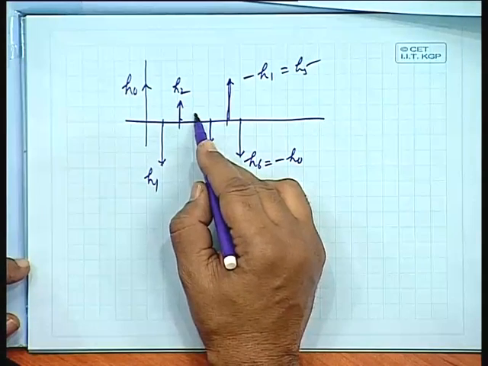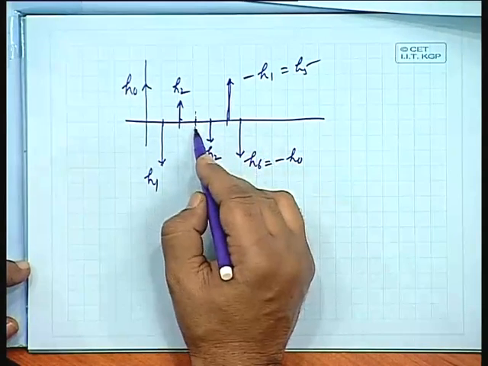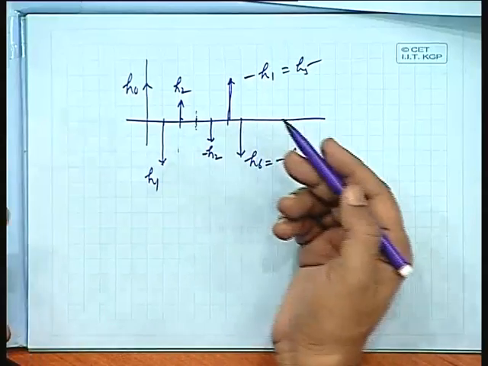Had it been some value here, then from the other side also it would have been the negative of it. So, it cannot be anything other than 0. So, here it is 0.